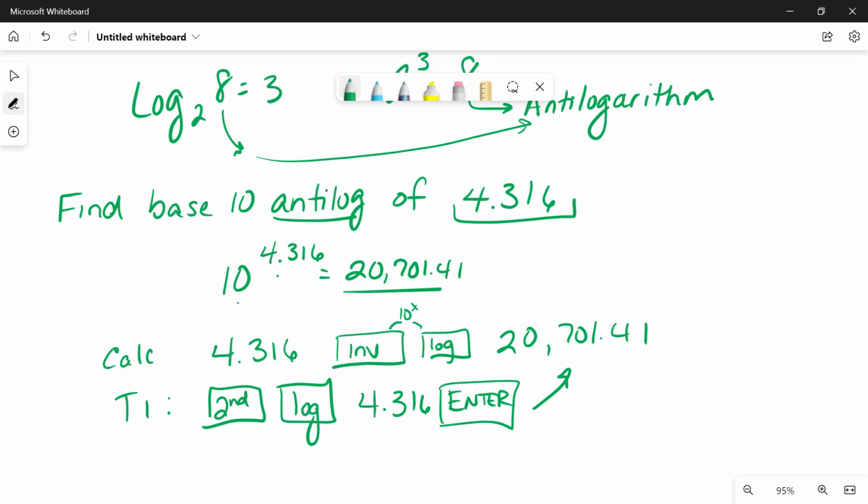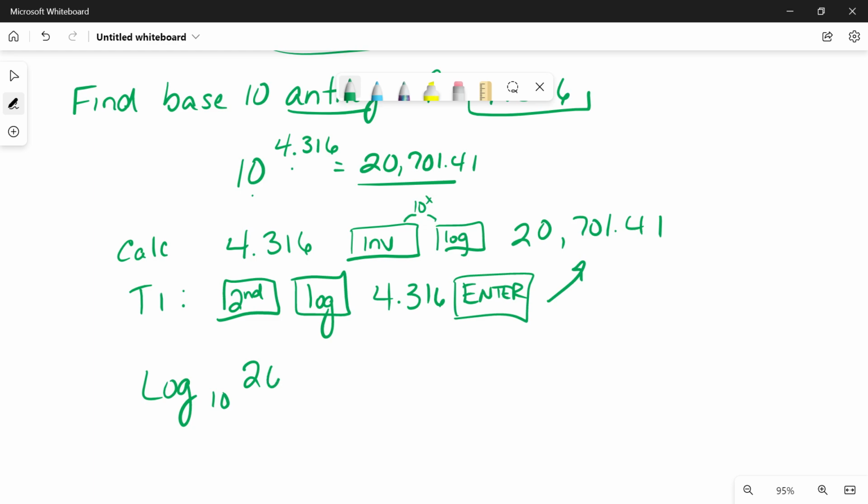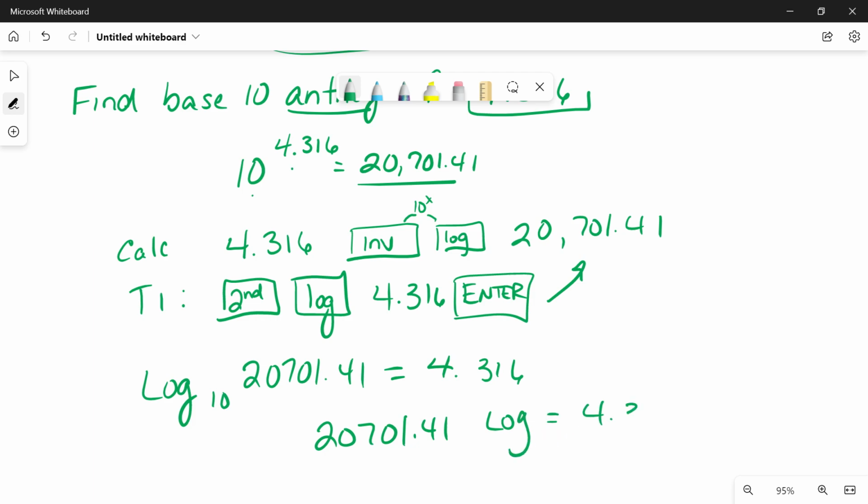You should also be able to play around a little bit. Say I have log base 10 of 20701.41. If you enter that in, you should wind up getting 4.316. I would hit 20701.41 and then just hit your log button, and what you should get from that is 4.316.